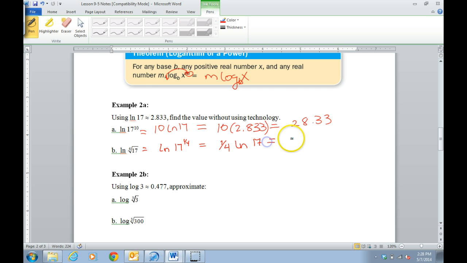Okay, so I know that it'll be 1/4 of 2.833. Okay, so this is the same thing as saying 2.833 divided by 4. Okay? So that's going to be about 0.708.